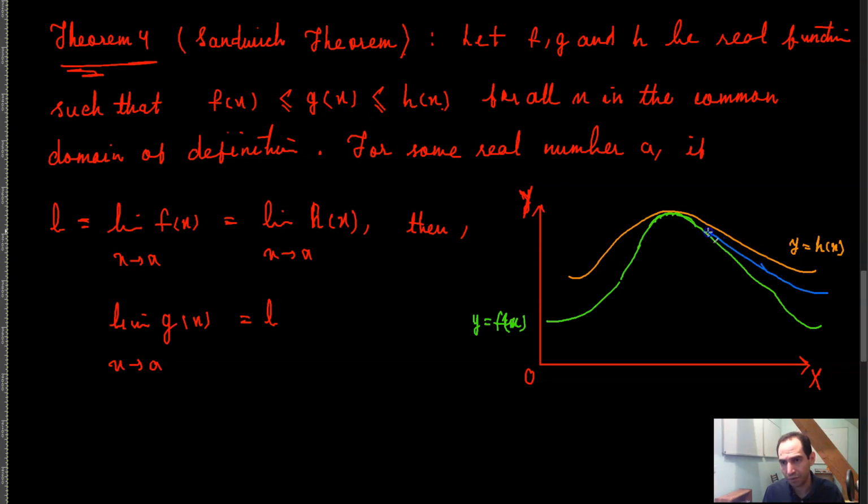So g is right between the two functions. So this would be y is equal to g of x, right?